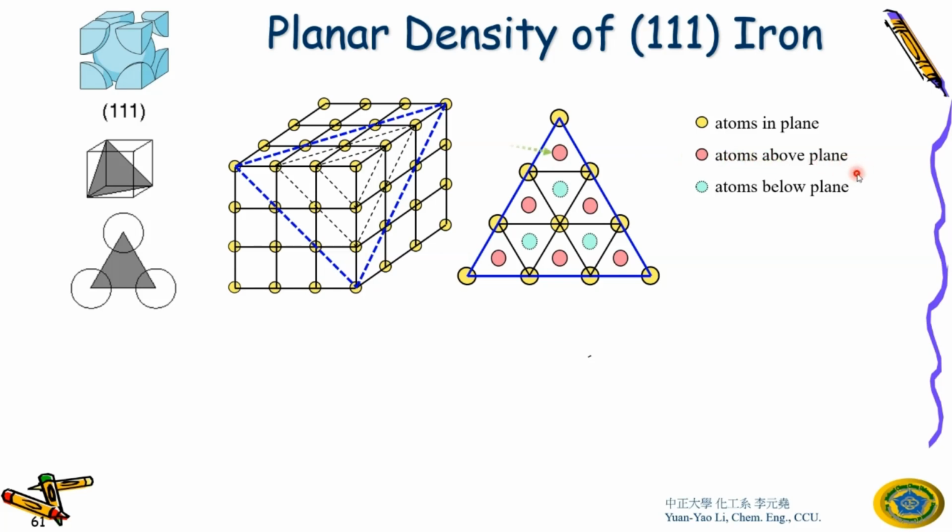So actually, this ball is above, right? Above the plane. The blue one represents the same thing here. So the atoms above the plane, this one above, and this one below the plane, below.